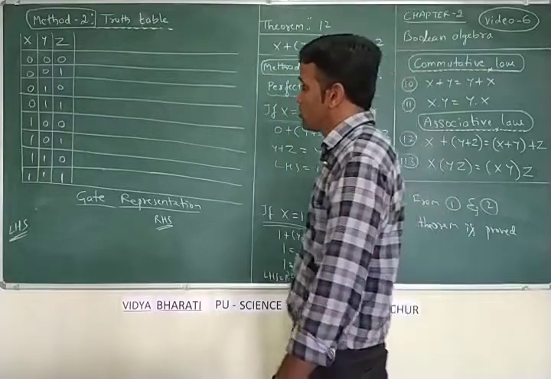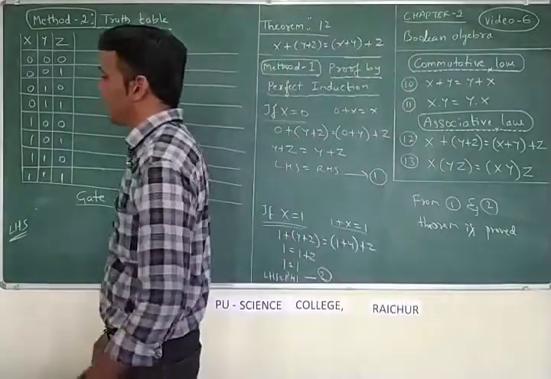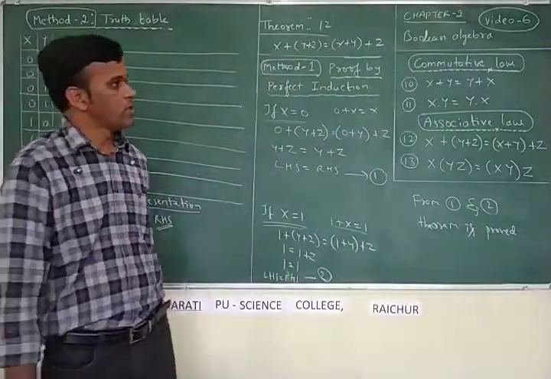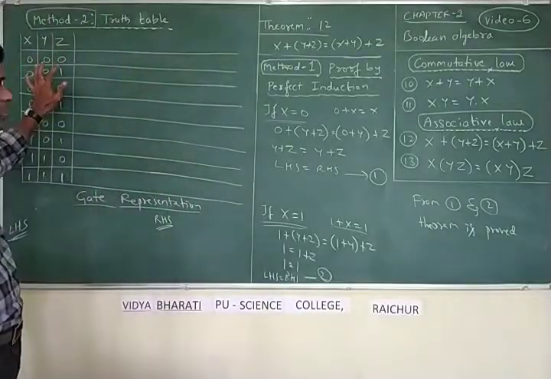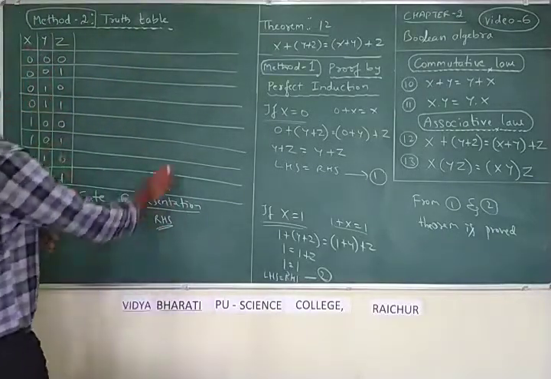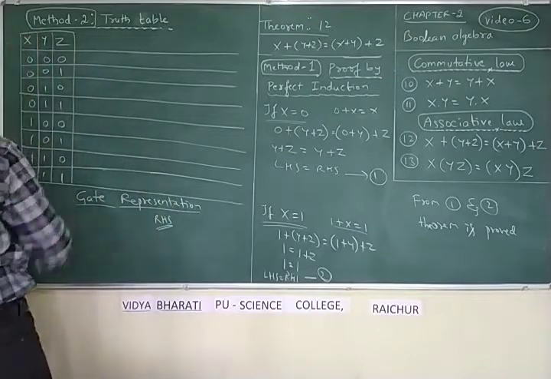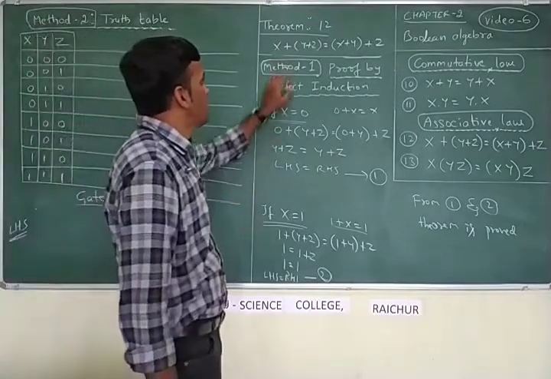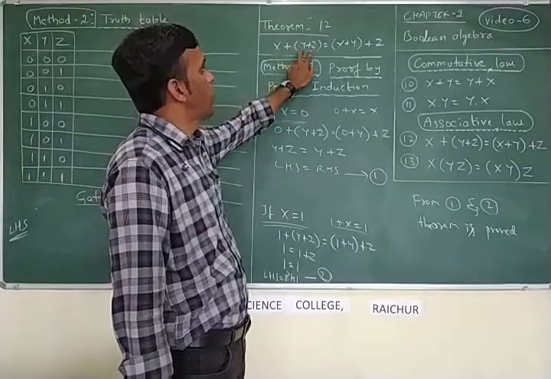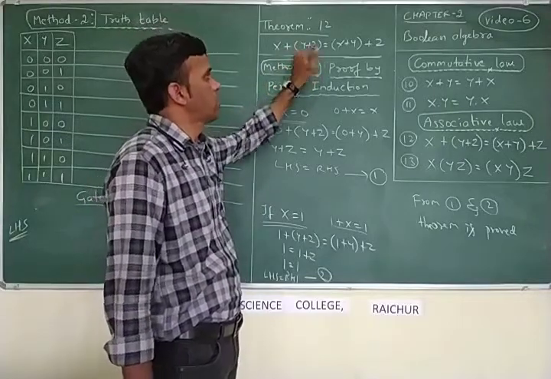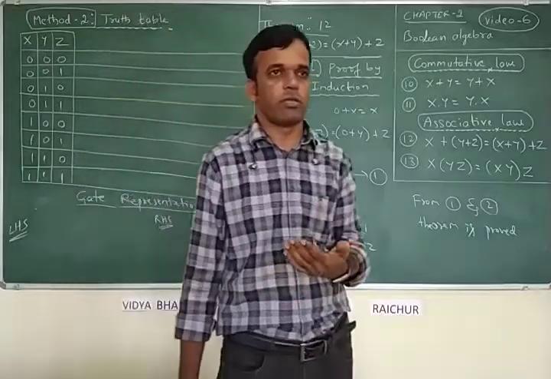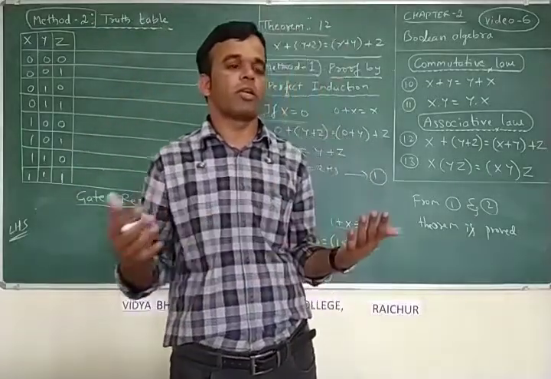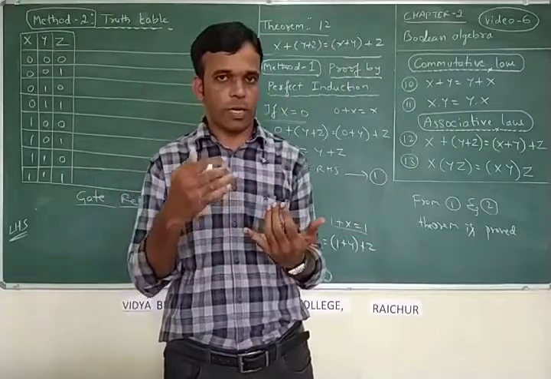Next, it's about the case of 3 different variables. So we have written all possible combinations of zeros and ones for the given 3 variables x, y, z. Then this is the theorem. First we will go for this y plus z because of the bracket. So we will follow the precedence rules. When we have logical operators, first preference is for the NOT operator.